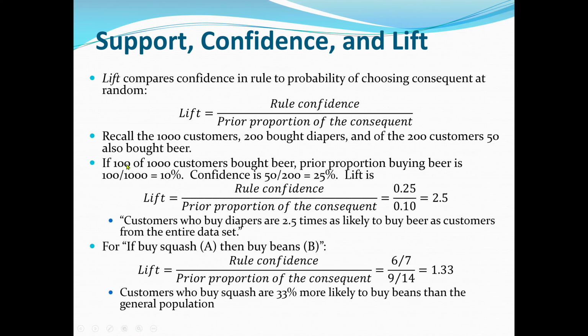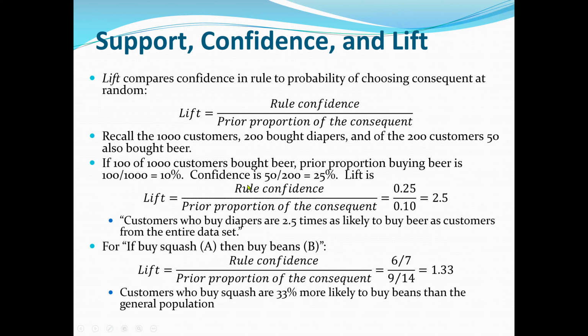Now we say that if 100 of the 1,000 customers bought beer, the prior proportion buying beer is 100 by 1,000.